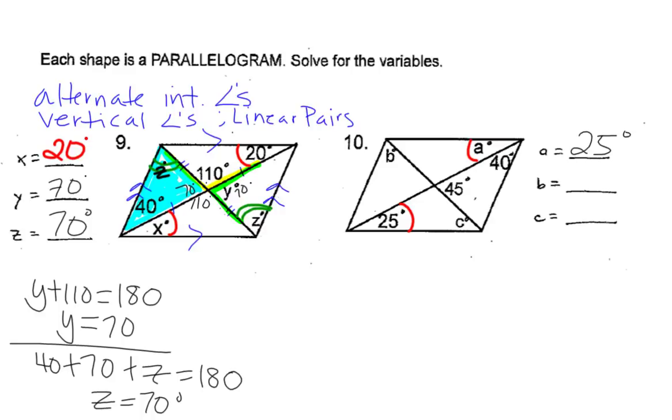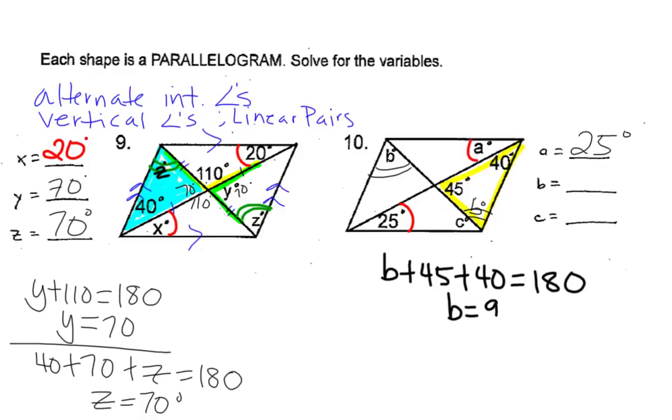Okay, I know also actually that these two are the same, so this has to be the same as B. And I can see that this is a triangle, which means that B plus 45 plus 40 has to equal 180, which means B has to be, if I do my math correctly, 95 degrees.